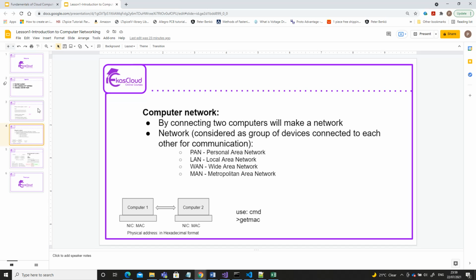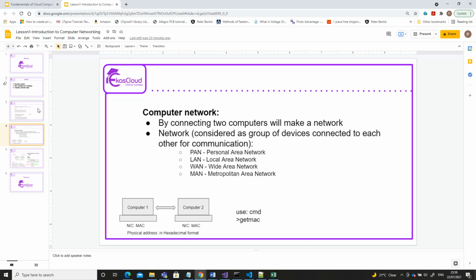Basically it was a standalone unit. Nowadays the NIC card is part of the motherboard, so we already have a port where we can connect our cable and join to the computer.